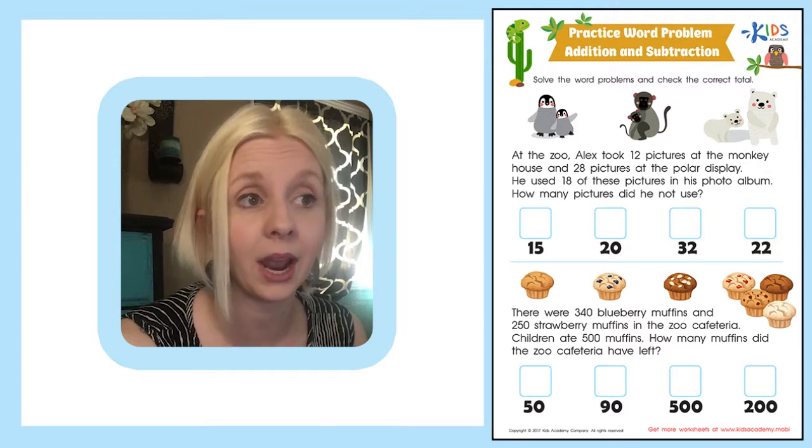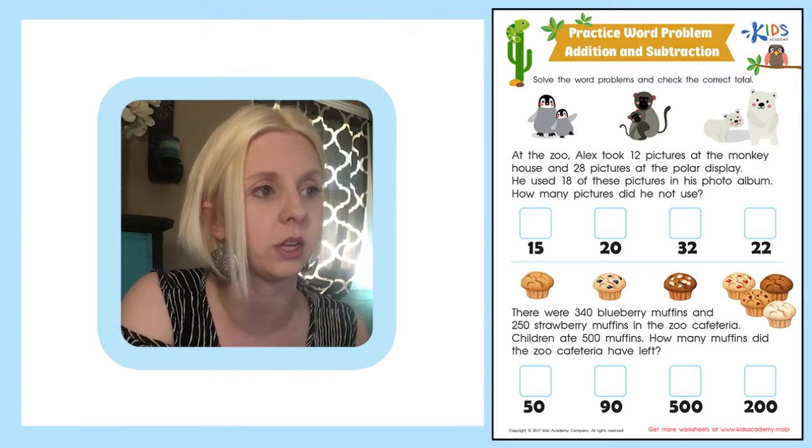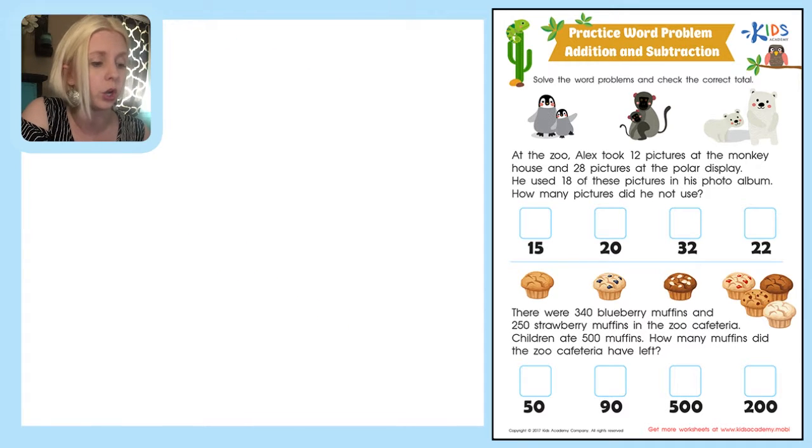We need to write out this problem, so we're going to solve this by writing it out off to the side. So what I'm going to do here is write Alex took 12 pictures, so I'm going to start with 12, and he also took 28 pictures at the polar display.